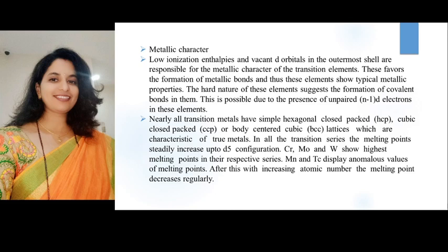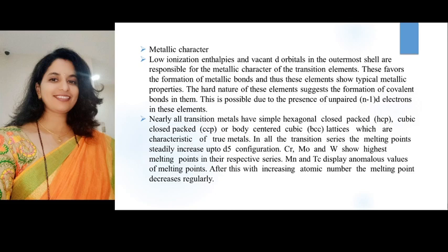The hard nature of these elements suggests the formation of covalent bonds in them. This is possible due to the presence of unpaired (n-1)d electrons in these elements.